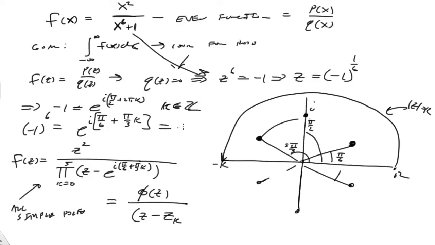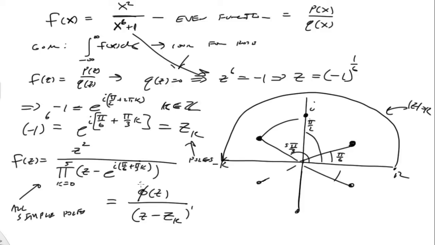Okay, so those are our zk's there. I should write that down. These are our roots, our poles, to the 1st power. Okay, so the question then is, of course, we have to now use the residue theorem to compute all of those residues. All right, so we have it in this form.